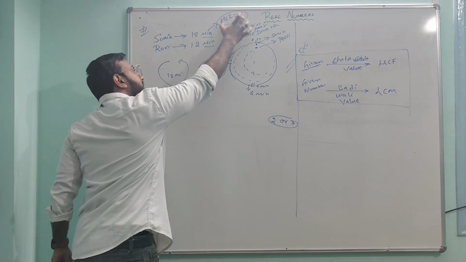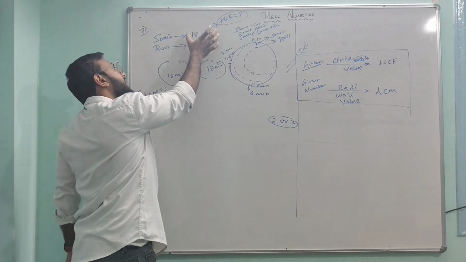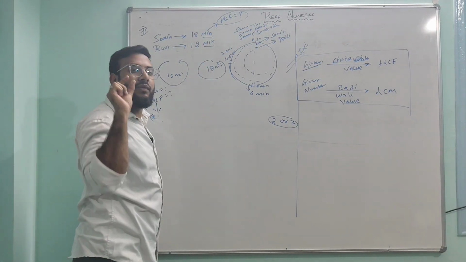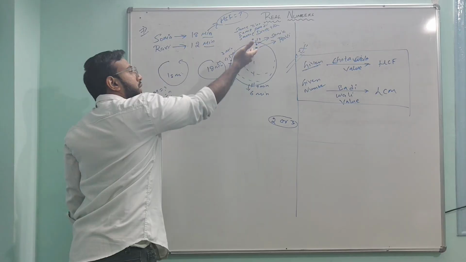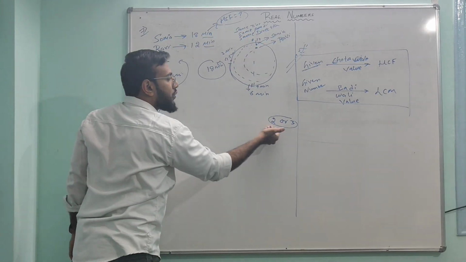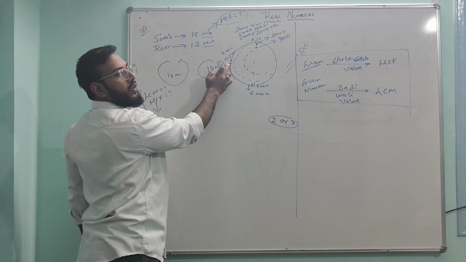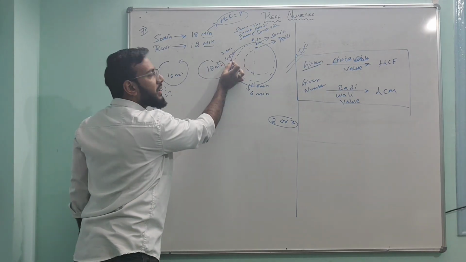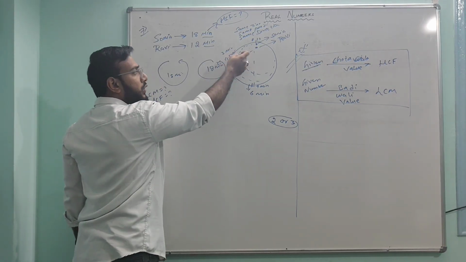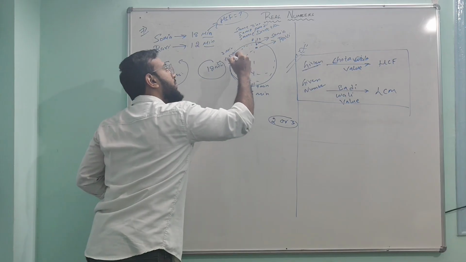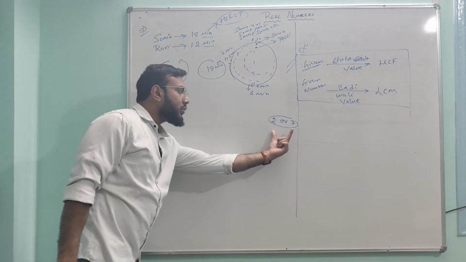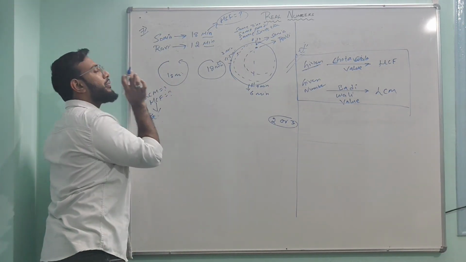Let me repeat it again. If you do solve with HCF, the value we are getting is 2 or 3 something. We will get a smaller value. But by the logic understanding, we don't want 2 or 3 minutes. 2 और 3 मिनट में यहीं पे हैं, और यहाँ पे नहीं मिल रहे वो लोग. ये पॉइंट में 3 मिनट पे ये बंदा मिल रहा है, 4.5 मिनट में यहाँ मिल रहा है, तो ये बंदे ऊपर नीचे हैं कहीं पे. So we don't use this value. We need a little bigger value.